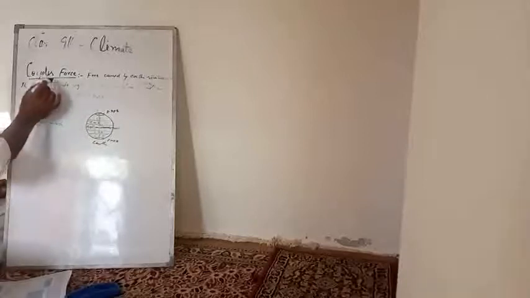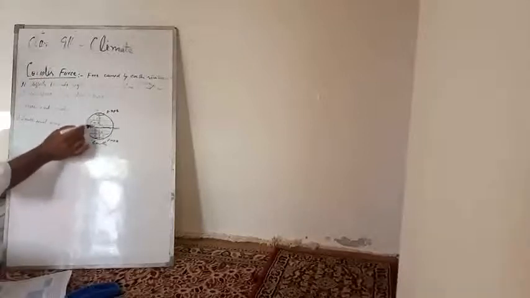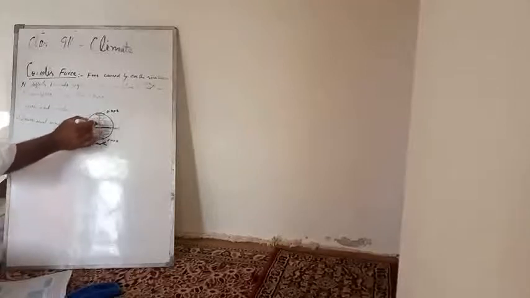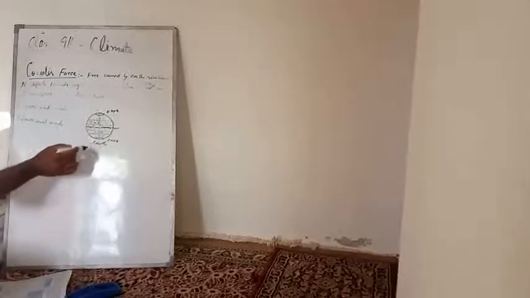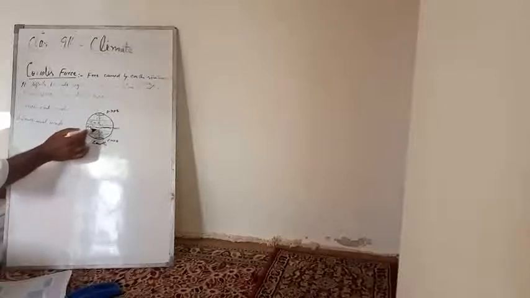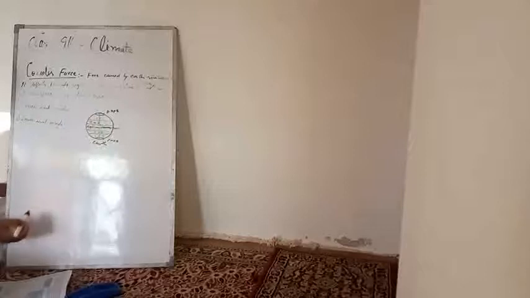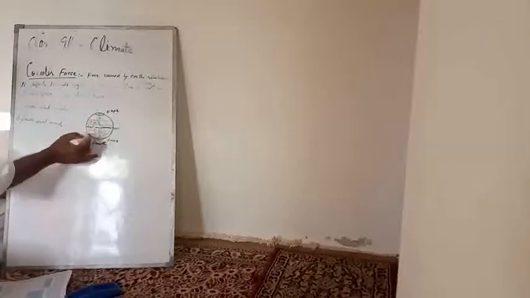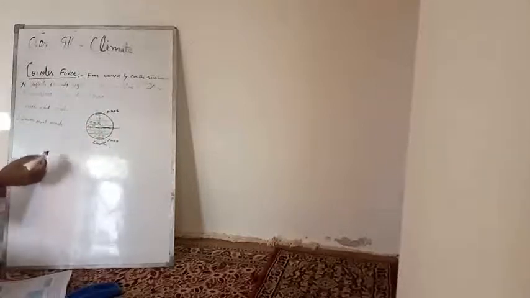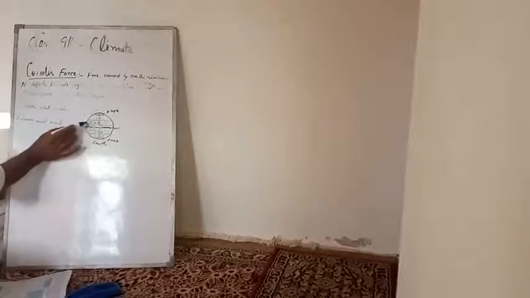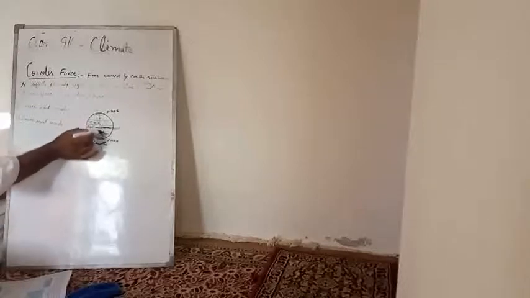because of this Coriolis force, and they move towards the right in the northern hemisphere, while they move towards the left in the southern hemisphere. This is the southern hemisphere. So the winds move from north towards east.